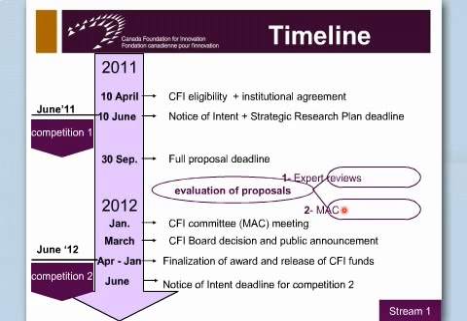Our initial idea was to allocate 13 million for the first round and 7 million for the second round, but this is flexible depending on how many applications and also if the level of excellence is there. So I hope this answers your question.